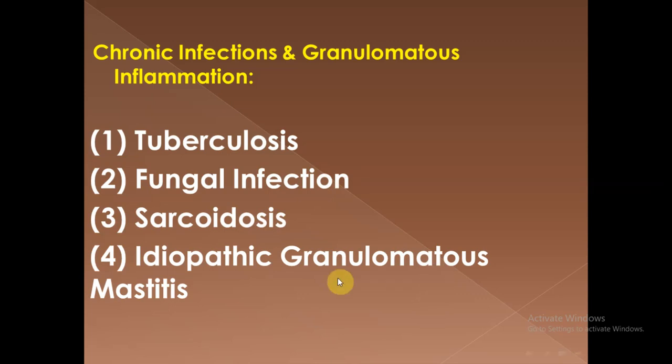Idiopathic granulomatous mastitis: this disease is also called granulomatous lobulitis, in which we can see multiple granulomas, actually non-caseating granuloma, seen within the lobules, and this granuloma, as we mentioned, is non-caseating.